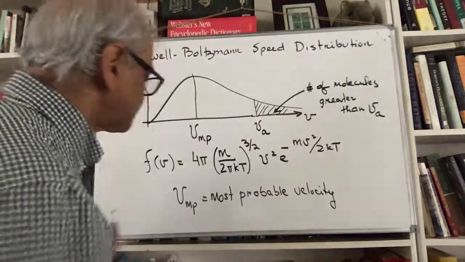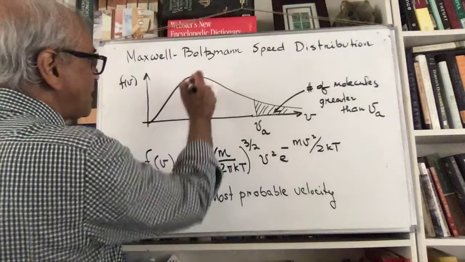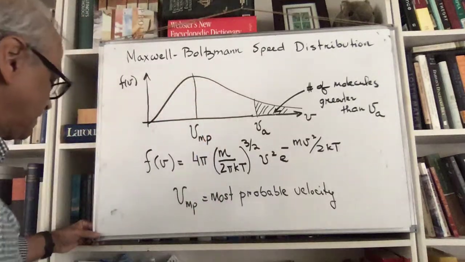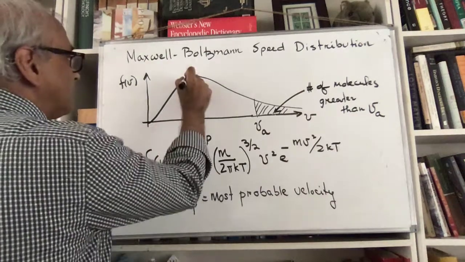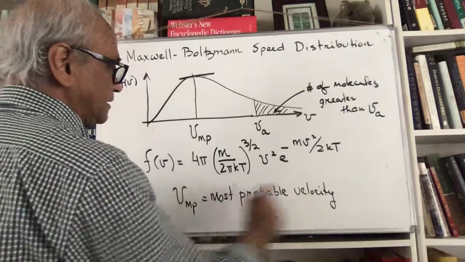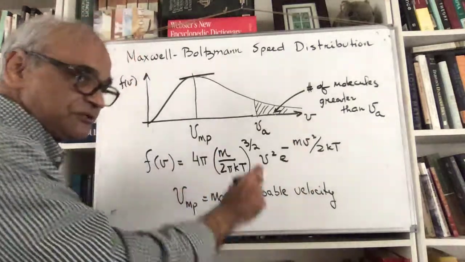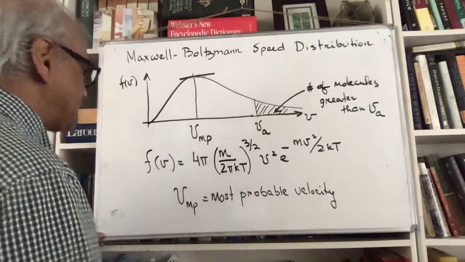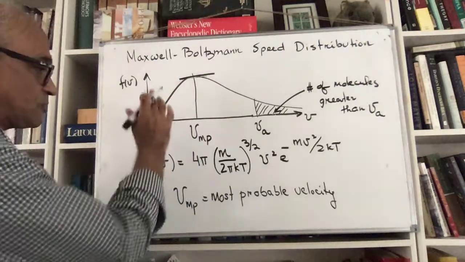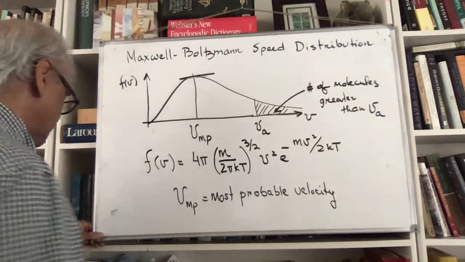So how can I find it? Well, you know that there is a curvature right there, and if I differentiate this thing and make it equal to 0, because the slope is 0 right there, then I can get the most probable velocity.